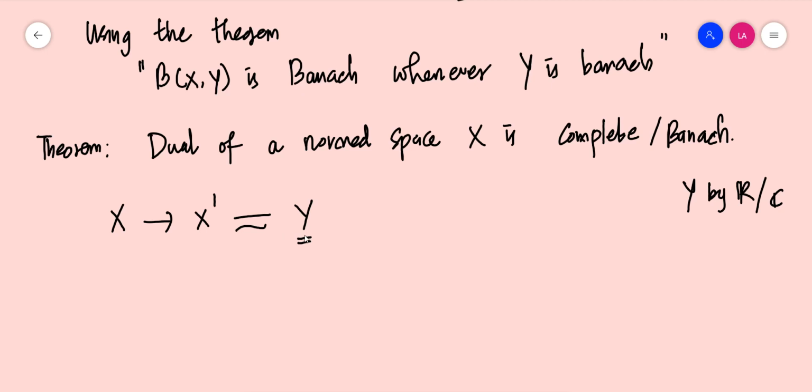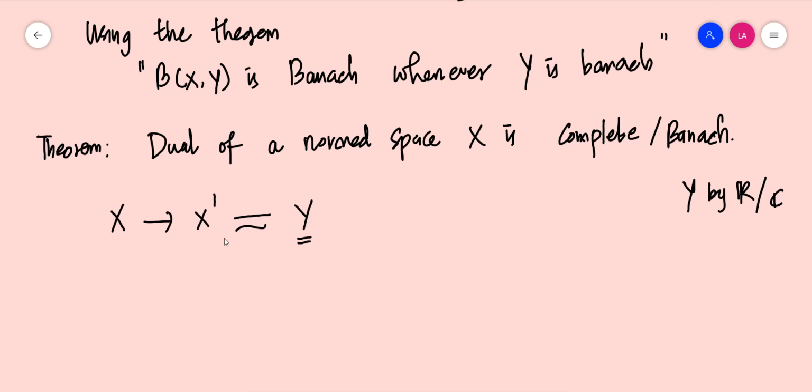Now, every property of Y can be similarly defined on X dash. So, even though Y is another space which consists of a different set of elements rather than linear functionals, by means of the isomorphism, X dash and Y are the same.